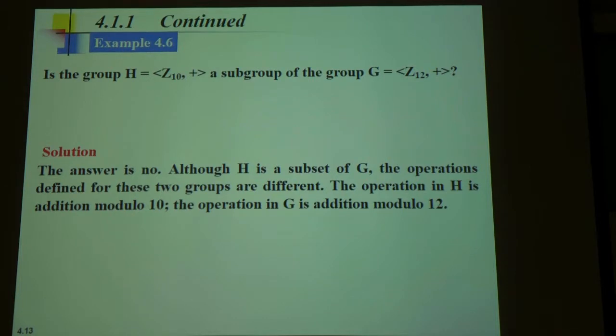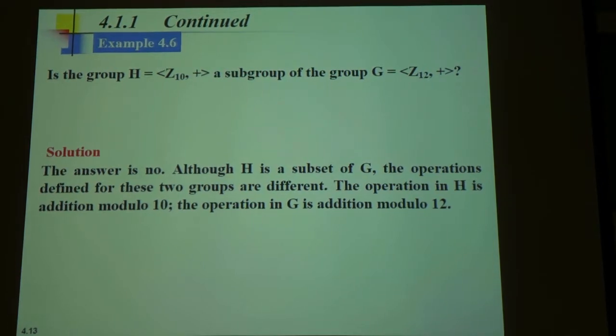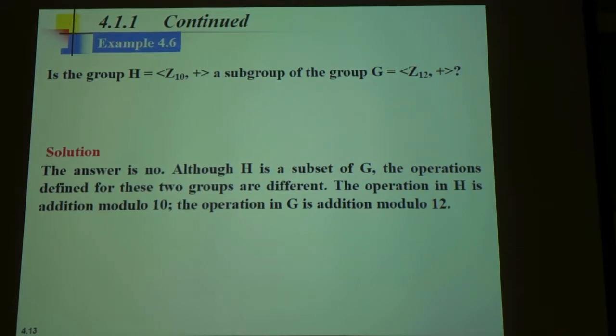So, question in here. Is this H a subgroup of the group G? Yes. Who says yes? Who says no? How about you? You're not sure? Is this a subgroup of this?